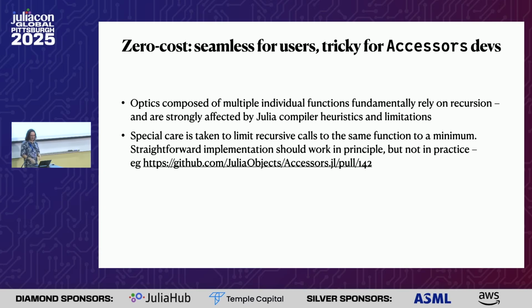Because with optics, if you have several composed functions and you want to set or modify, it needs to unwrap all these chains of functions, and it heavily relies on recursion and the compiler being able to optimize this recursion. So whenever there are changes to Julia compiler heuristics and limitations, they don't break performance tests in Accessors that often, but sometimes it happens.